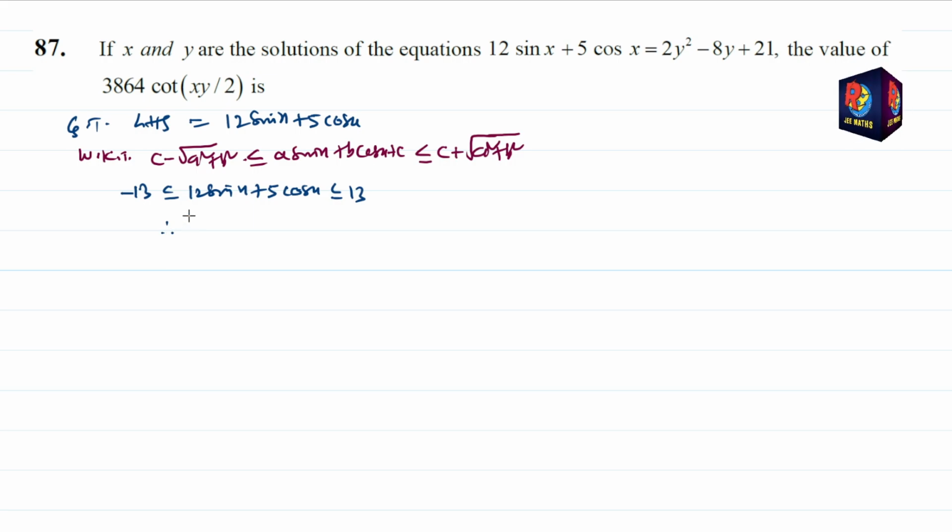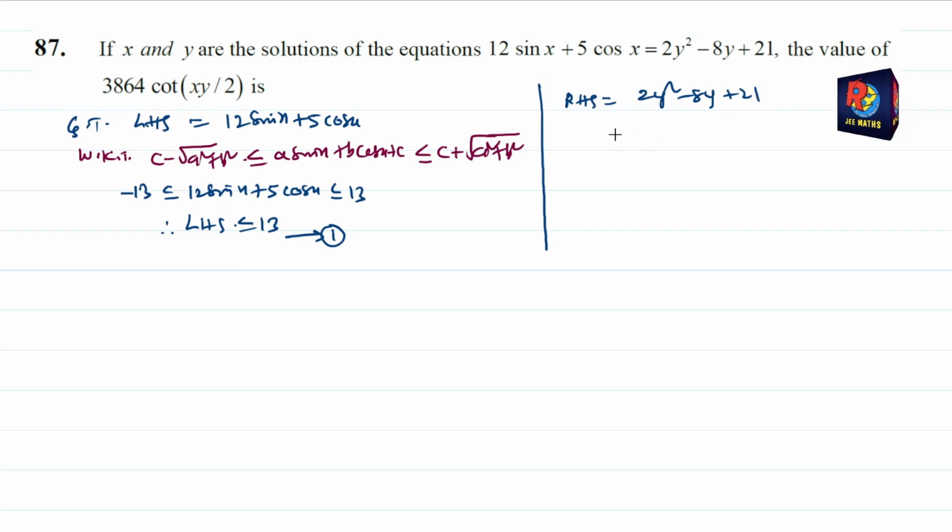Therefore, LHS value is less than or equals to 13 is the possibility. Now go for the RHS. We go for the RHS value, we can observe that 2y square minus 8y plus 21.